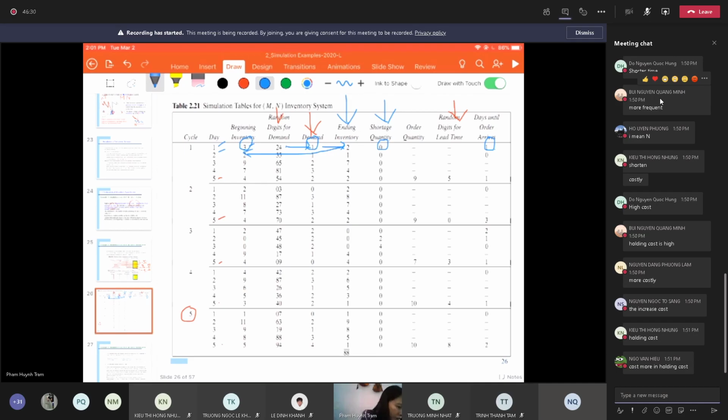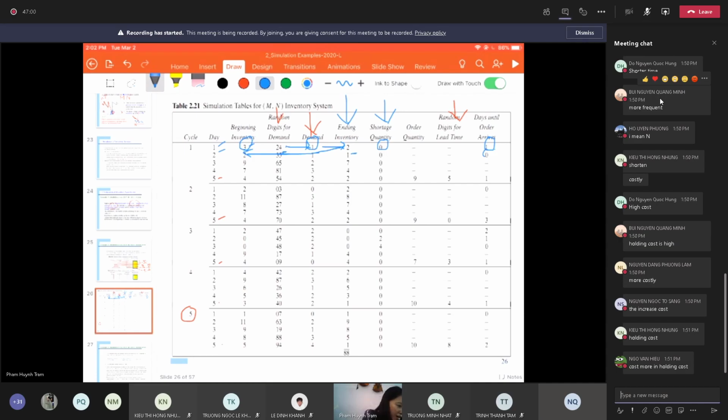We got 35. So the demand again is 1 unit, and the ending inventory of day 2 is 2 minus 1, it is 1. No shortage occurs, and on day 2, we receive our order. It becomes 0 here.